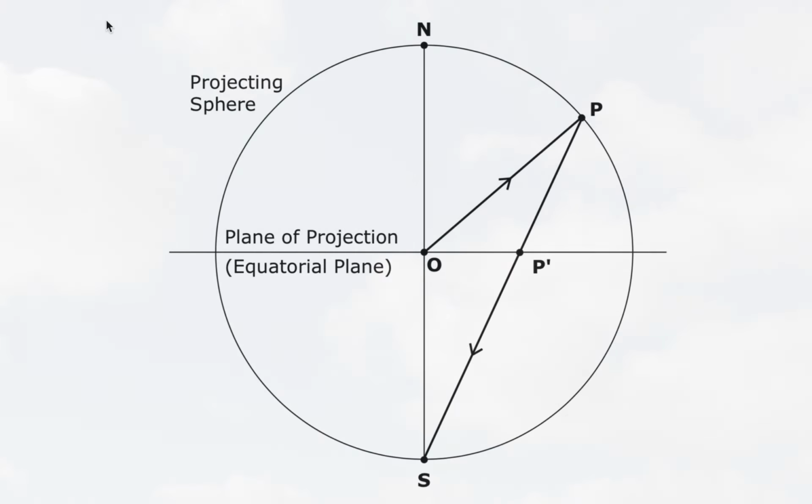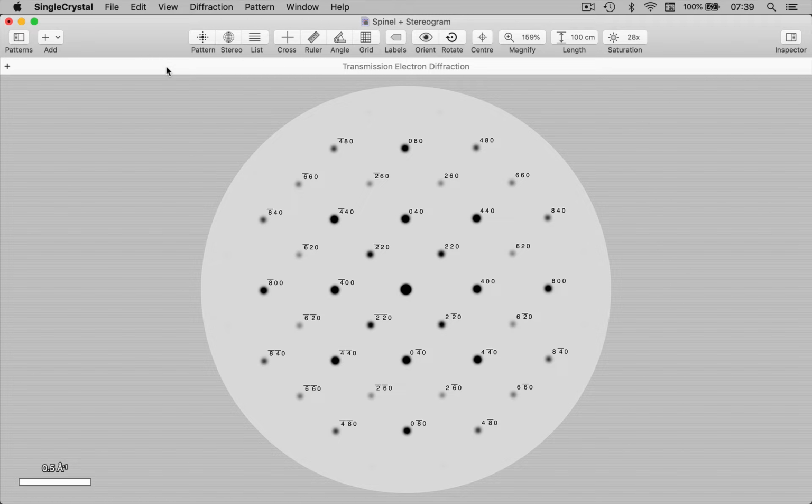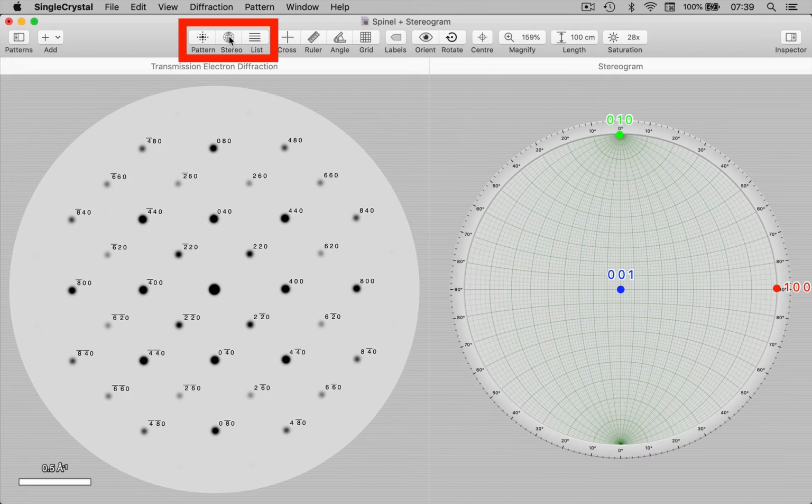Okay, let's get cracking with SingleCrystal 4. Here we have a simulated diffraction pattern for a cubic crystal, and we want to take a look at its stereographic projection. If the stereogram pane isn't already visible, we go up to the window toolbar and we can click the stereo button to make it visible.